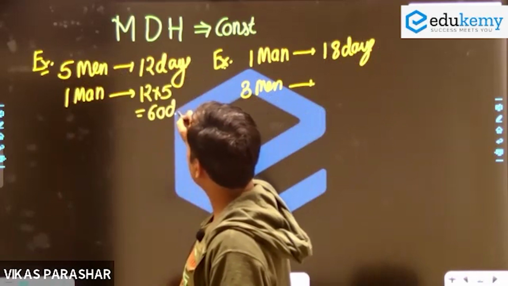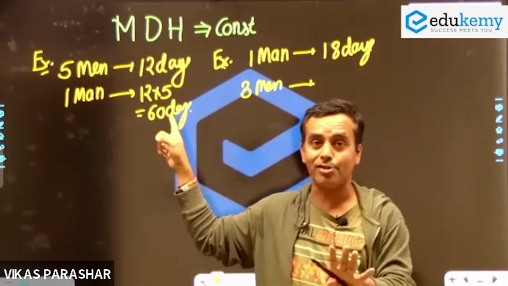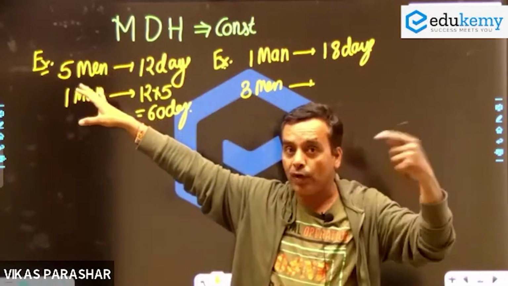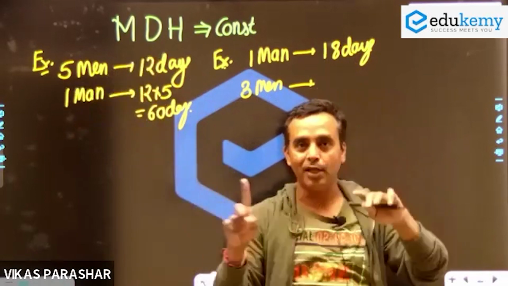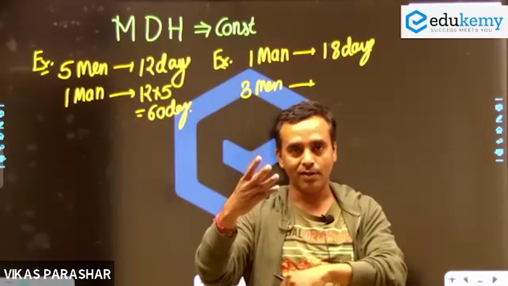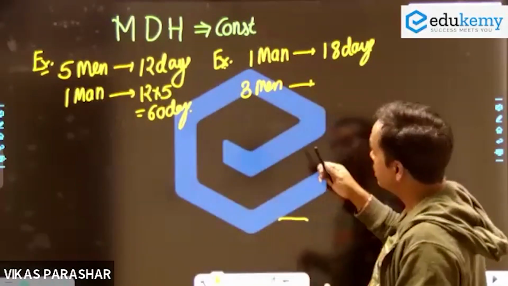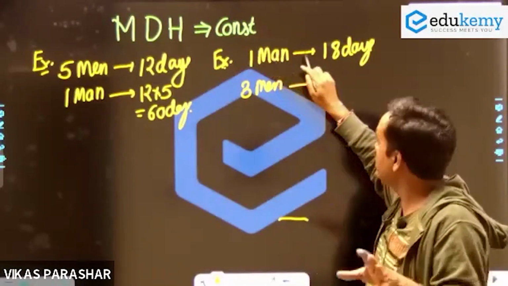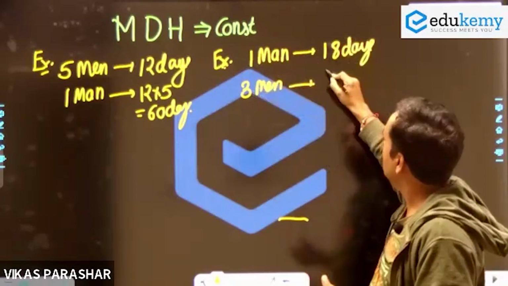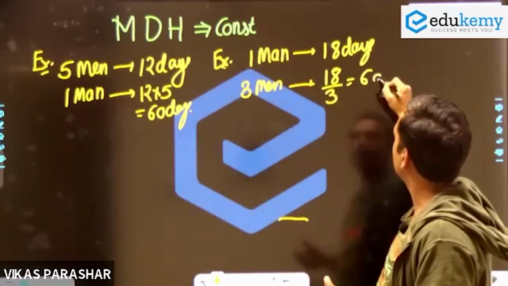Now in this chapter, I will use this relation directly. 5 men, 12 days. So 1 man: not divide, multiply. Don't apply the unitary method in this chapter. It is inverse. You have to apply the opposite of the unitary method. Same thing. Time of 1 man is given, 18 days. अच्छा देखो, men more, days will be less. So it will become 18 by 3. This is 6 days.